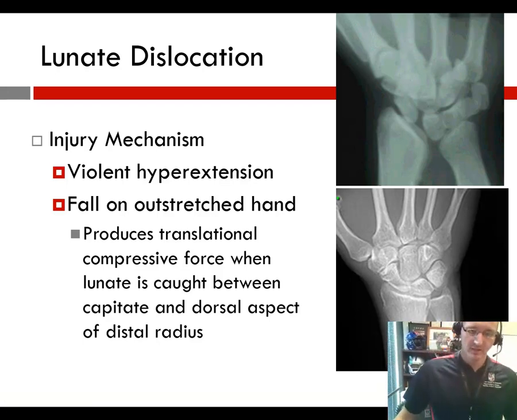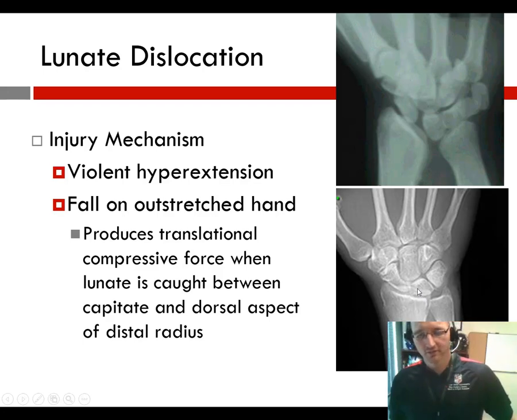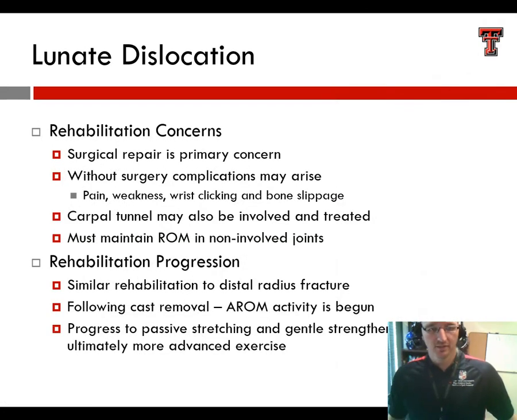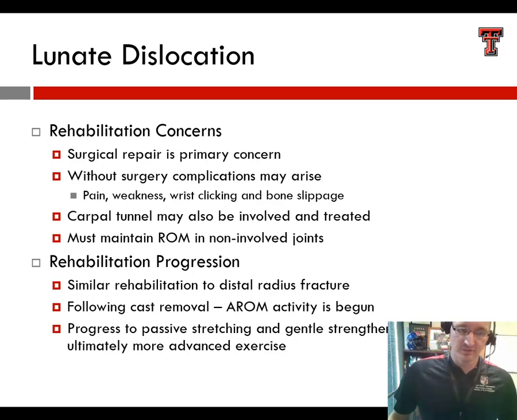Okay, so in a case of a Madelung's deformity, this may be a surgical reconstruction. If it were a patient that had a more normal wrist architecture, then we might be able to manage this conservatively. Okay, so whether or not they need surgery is our first question.